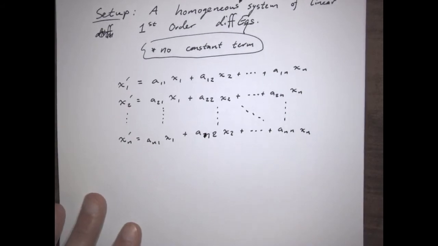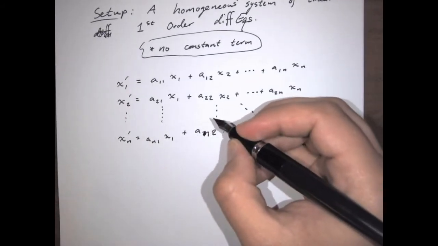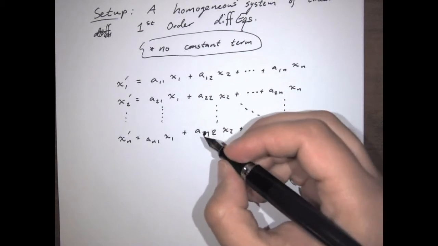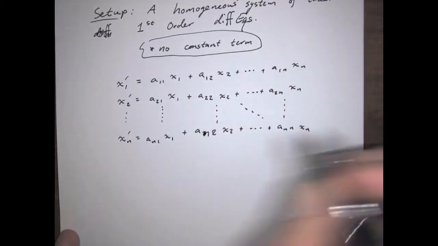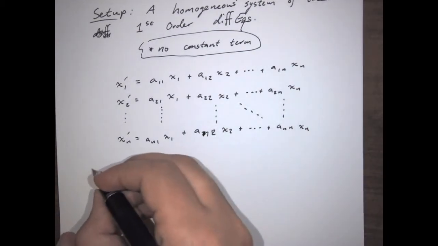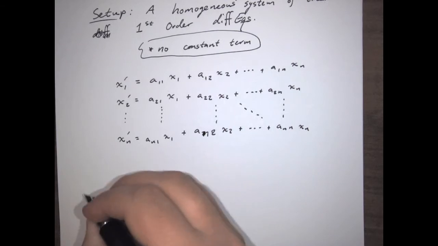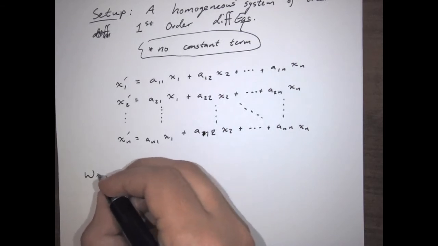So as you can see, we have a lot of coefficients, a lot of pieces, and a lot of unnecessary writing. So the way we can collapse this into a more efficient way of writing it is as follows.